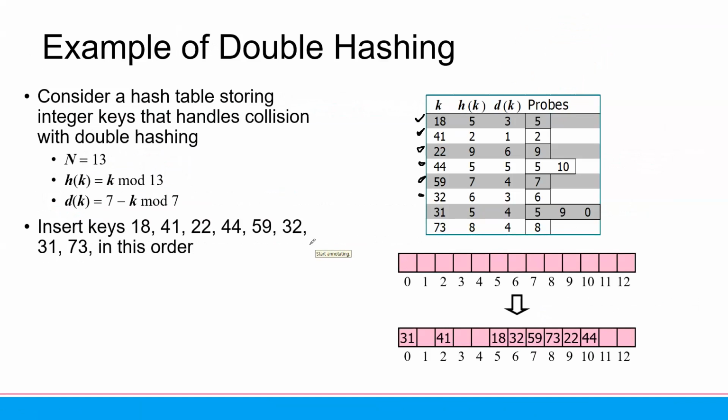So it's the same, but now I'm trying to use double hashing, and let's see how it works one by one. In this case, we have n equals 13. Then we have h(k), the first hash function, and d(k), the secondary hash function.